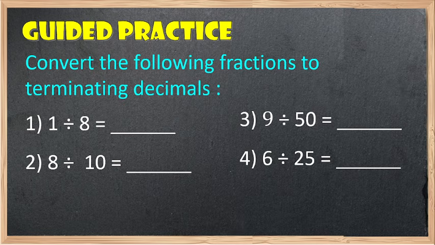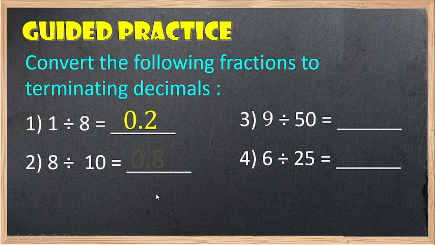Comment down your answer in the comment section, Grade 5 pupils. 1 divided by 8, 8 divided by 10, 9 divided by 50, and 6 divided by 25. For question number 1, the answer is 0.2 or 2 tenths. For question number 2, we have 8 divided by 10.